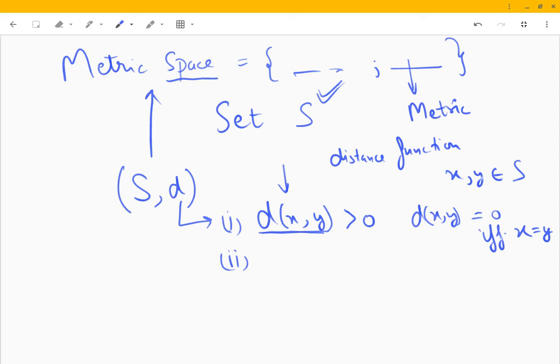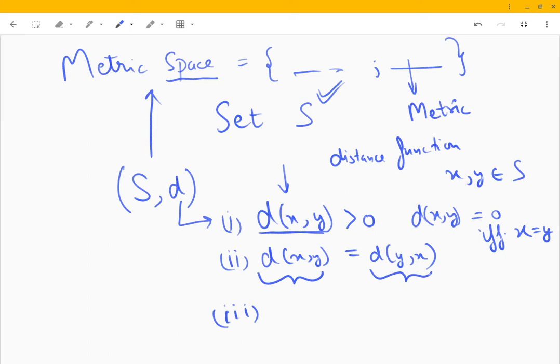Now the second one is sort of commutativity. The distance between x and y should be the same as the distance between y and x, that is, the value of this function should be the same as the value of this function. And the third property, what was the third property?